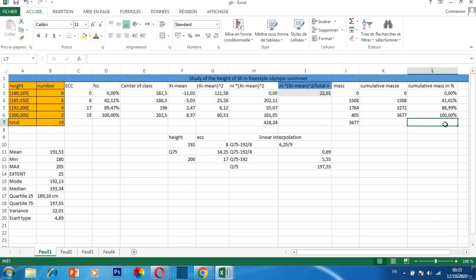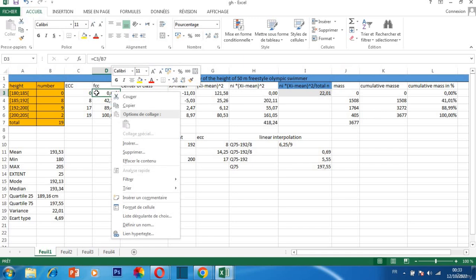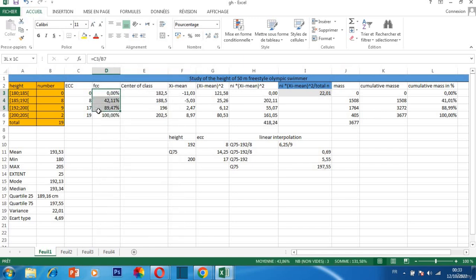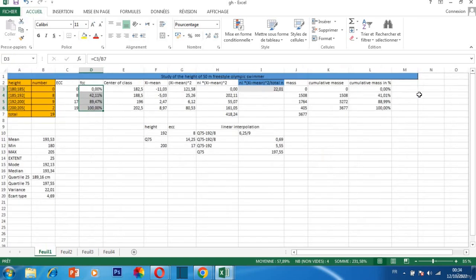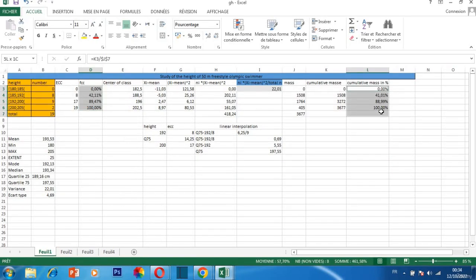Now we're going to calculate the Lorenz curve. To do that, we select the frequency, the cumulative frequency, and the cumulative mass of numbers. We right click here, select that, then in the left click we hold Control on our keyboard and select the second one.